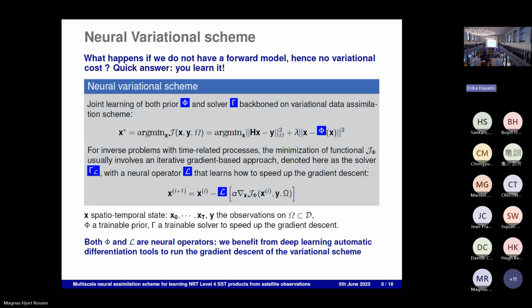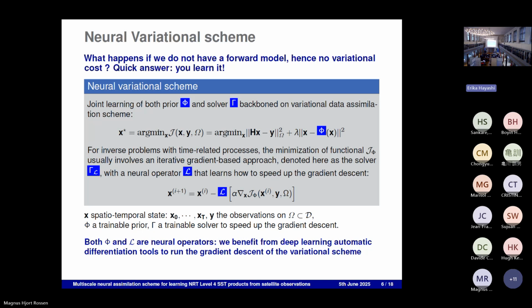Typically, we want to build purely data-driven methods. So starting from observations, you want to reconstruct your space, your SST fields. So here, what I'm doing, because the model is too expensive, I replace the model by some sort of AI block itself. And as I said before, the numerical methods to reach the optimal state is itself very expensive.